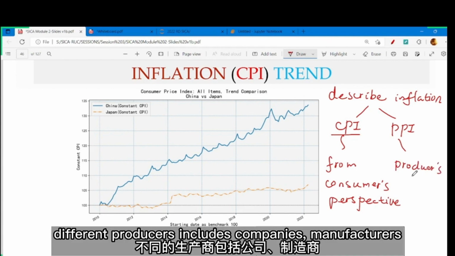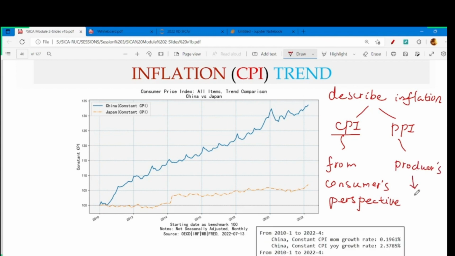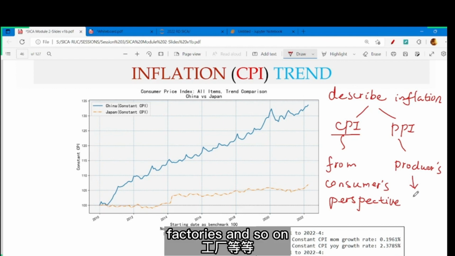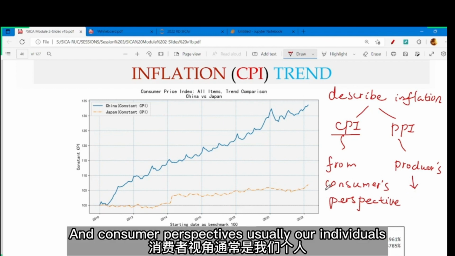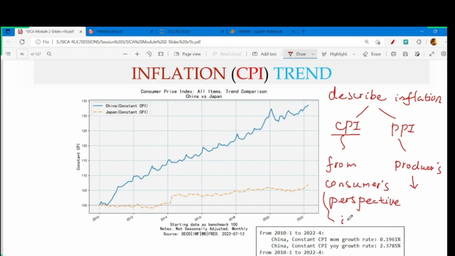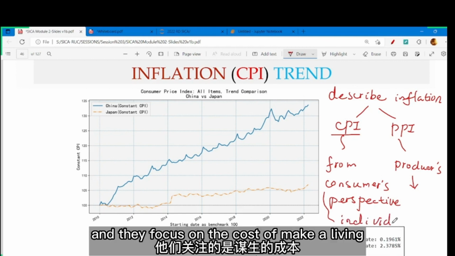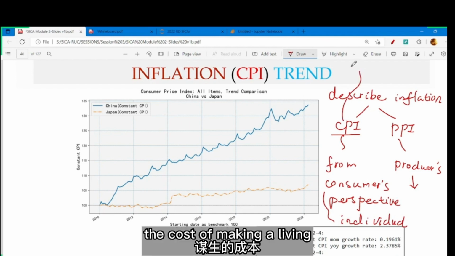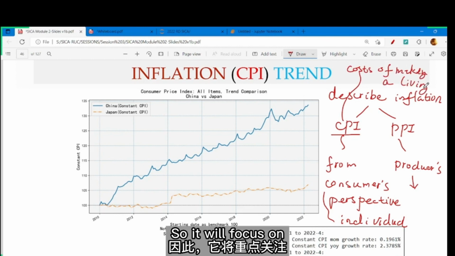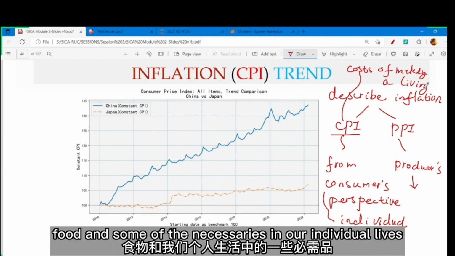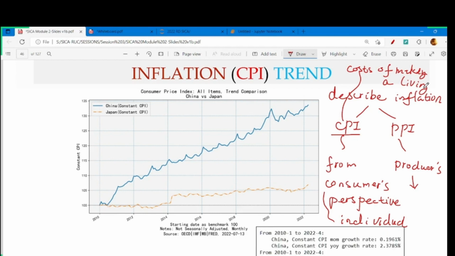Producers include companies, manufacturers, factories, and so on. And consumer perspective usually means individuals. And they focus on the cost of making a living. So it will focus on food and some of the necessities in our individual lives.